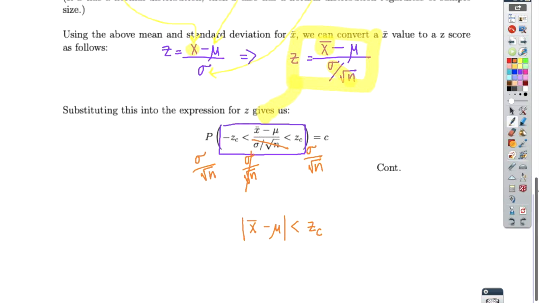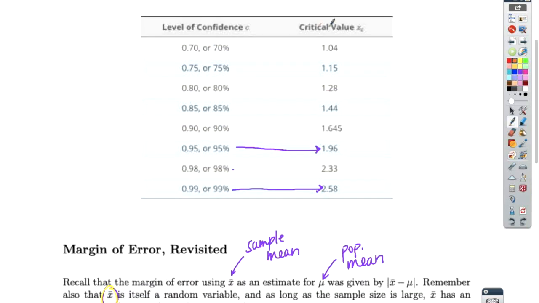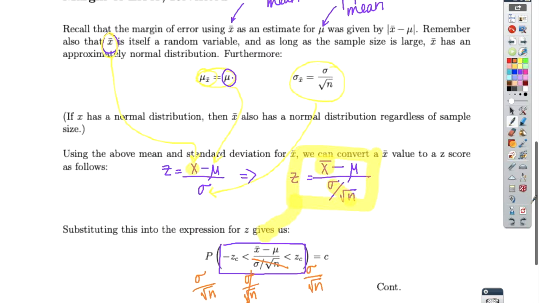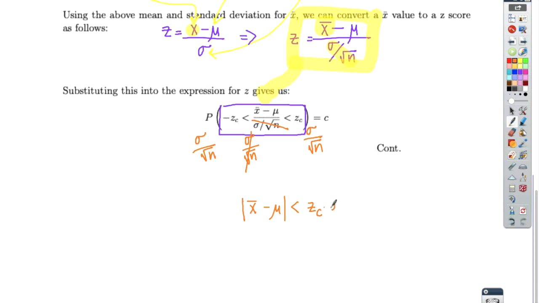And remember, the critical values are given in this list. These are the critical values that you're going to use, so you'll have a number to plug in for this, times sigma over square root of n, and the left side kind of becomes the same thing, these two multiplied together. So negative z sub c times sigma over square root of n.